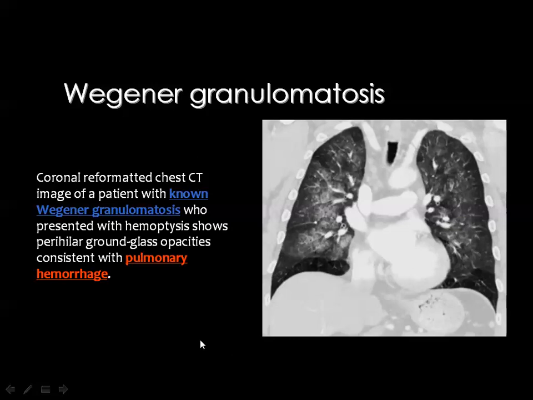And I mentioned previously in the lecture on diffuse lung disease, whenever you see diffuse ground glass opacities or even patchy areas of consolidation, mainly in the central part of the lung, sparing the peripheral areas, where the air bronchogram is not evident in this particular situation, and the patient may have hemoptysis and is known to have Wegener granulomatosis, then you consider the possibility of pulmonary hemorrhage.